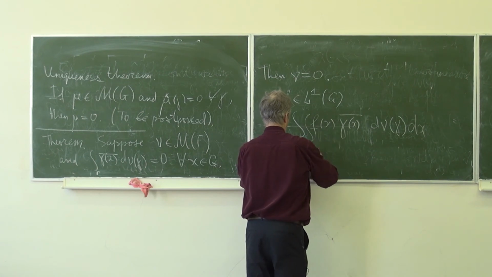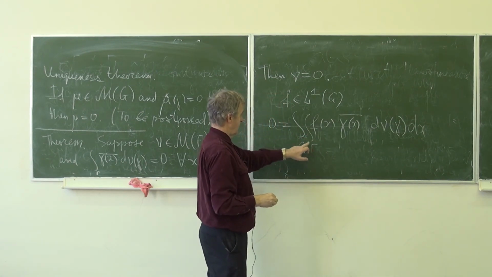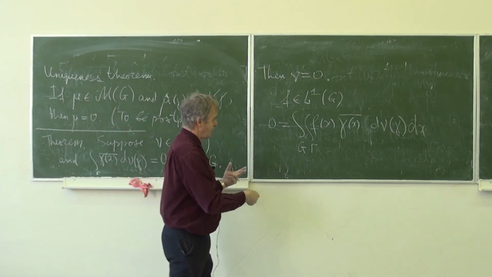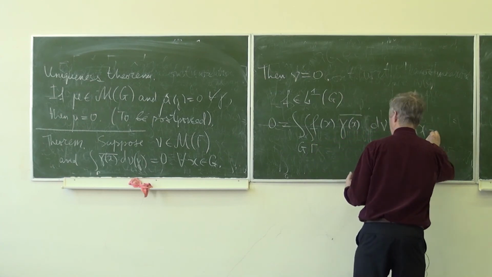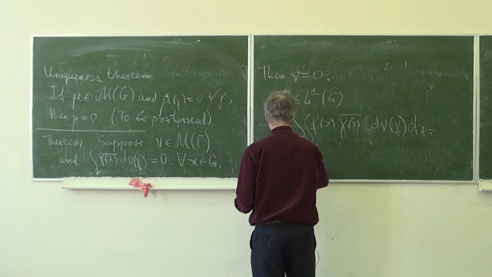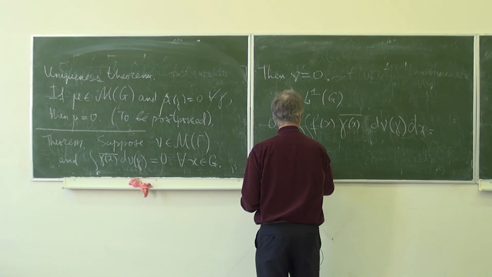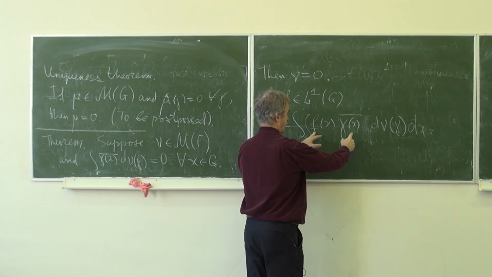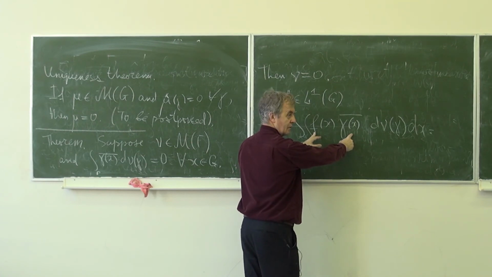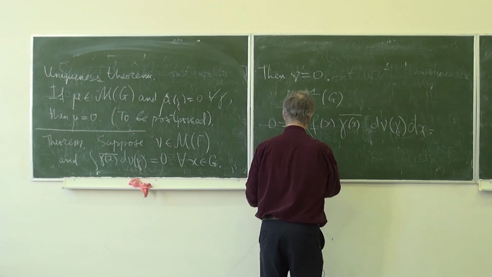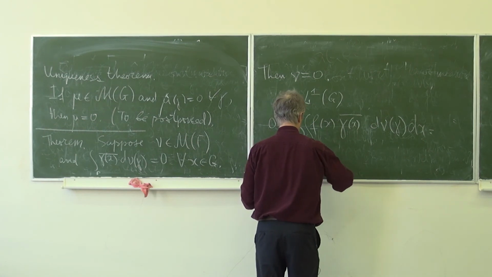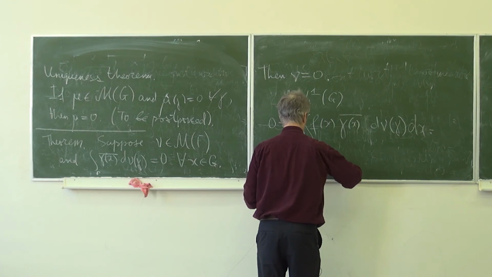So this is a double integral. We integrate over gamma and then over G in x. And of course, this is equal to 0. But then we change the order of integration. And what do we obtain? When we change the order of integration, we first integrate here in x. And we obtain simply the value of the Fourier transform of f at the point gamma. So f hat of gamma d nu of gamma.